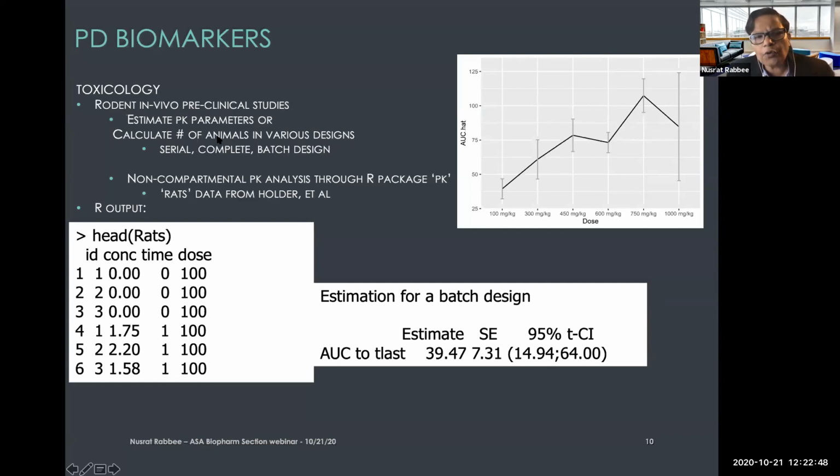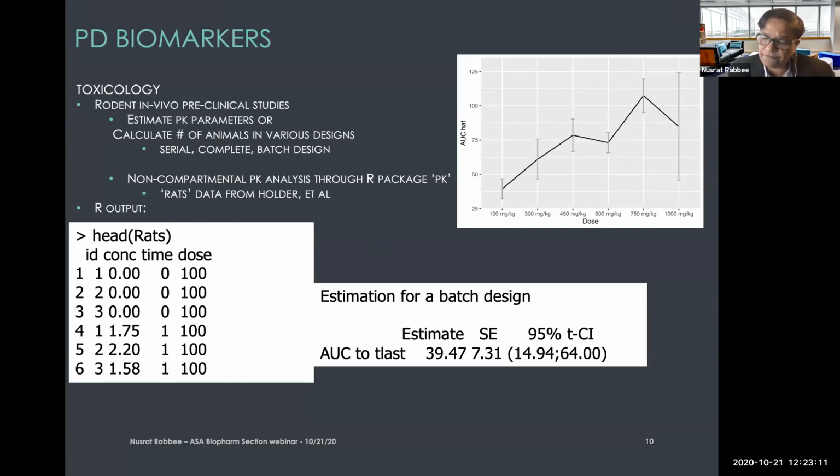One is to actually code the Holder et al. formulae, which are asymptotically derived in his paper. And I also use the same data set and use the function call to PK to give you the code to do it simply by using the R package PK.